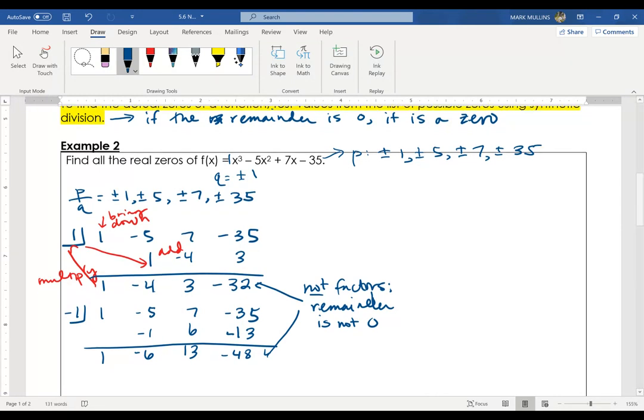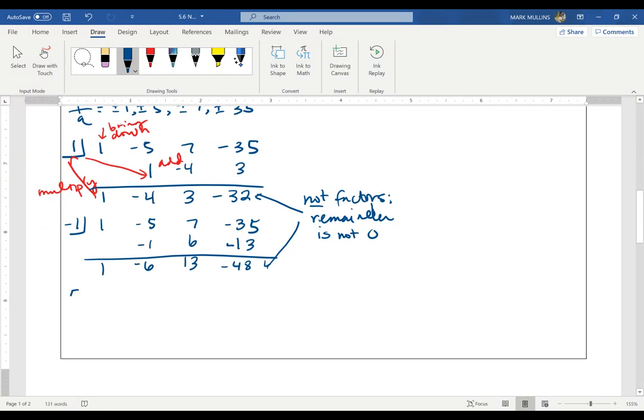Let's try 5. So I'm going to try 5. So let's see, 1 times 5 is 5, and then I add and I get a 0. 0 times 5 is 0. I add and get a 7. 7 times 5 is 35. I add and get a 0.